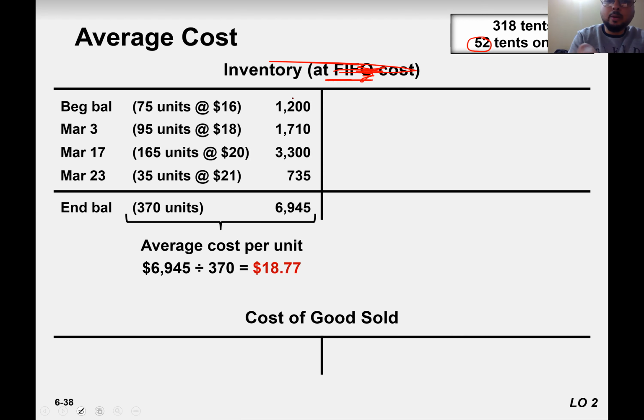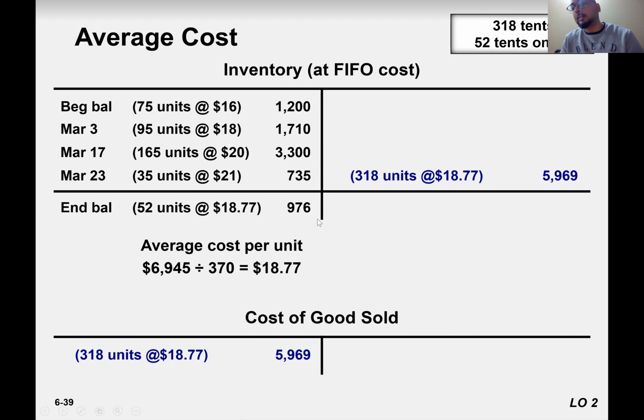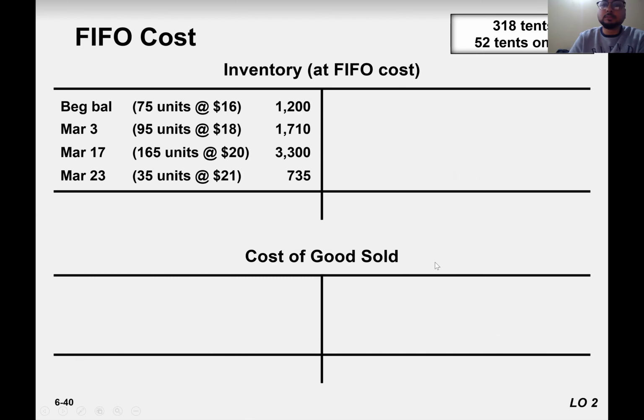We add all the costs of all the units, we divide it, and we find 18.77. Sold units are 318, so 318 multiplied by 18.7 would be our cost of goods sold, and ending inventory is going to be 52 multiplied by 18.7, right?